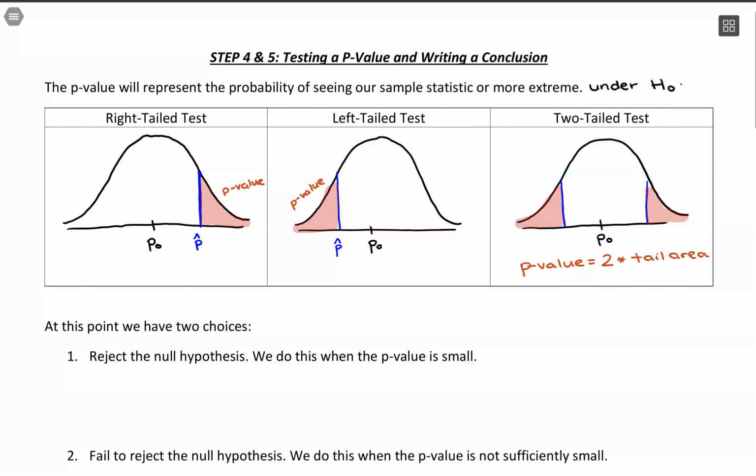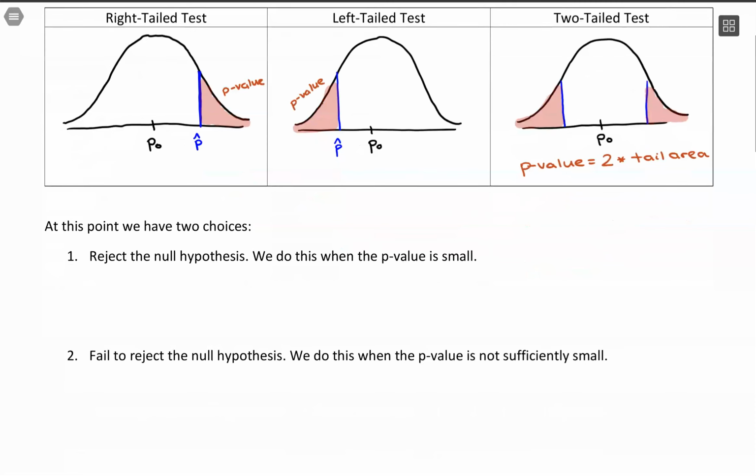So once we find that p-value, there are 2 possibilities. We're either going to reject the null hypothesis or fail to reject the null hypothesis. Those would be our 2 main conclusions. It comes down to whether or not the p-value is small enough.